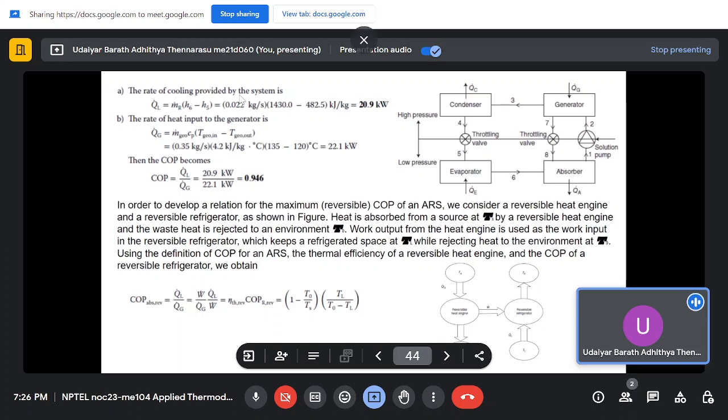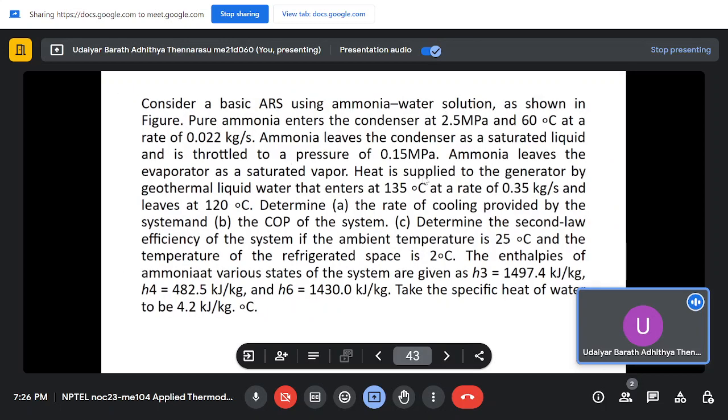So the rate of cooling provided by the system is the evaporator load, m dot refrigerant into h6 minus h5. The refrigerant flow rate is 0.022, which is given.